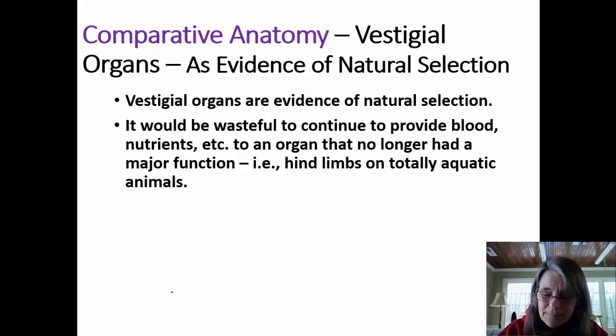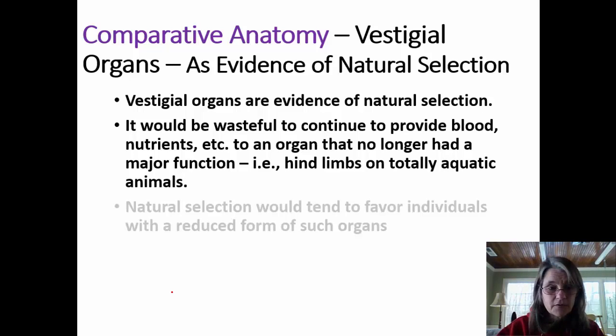Think of it in this way. It would be wasteful to continue to provide nutrients and so on to an organ that really has no major function. Why would you do that? That's a waste of resources. Hind limbs on aquatic animals, why would we support those?